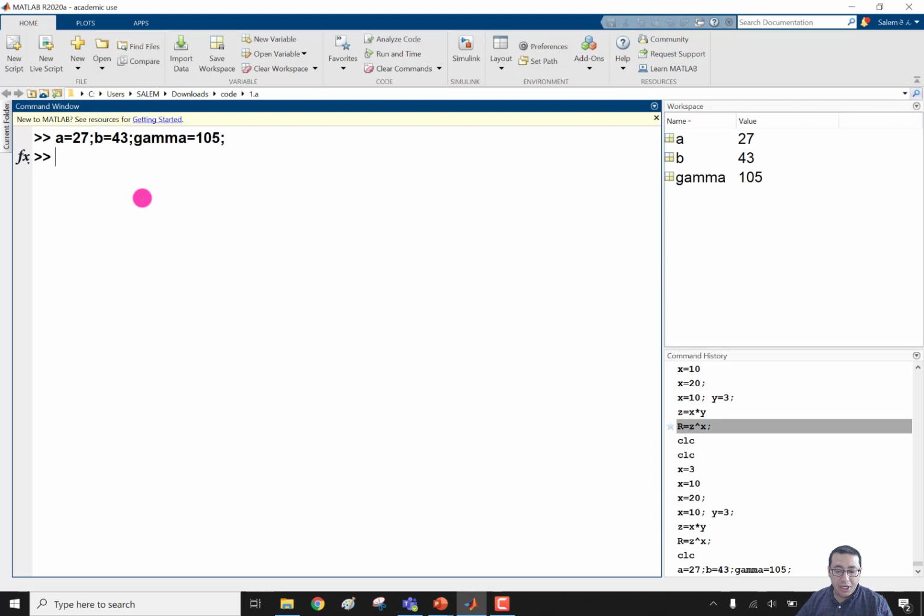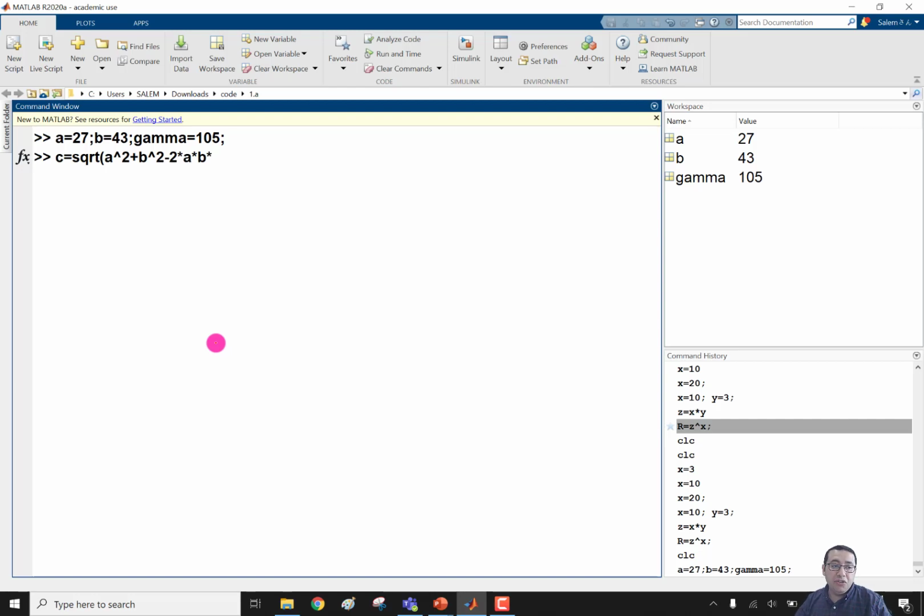Right here, we need C, which is equal to the square root. And then let's write A square, and then plus B square, minus 2AB, 2 multiplied by A, multiplied by B, and then multiplied by cosine alpha.